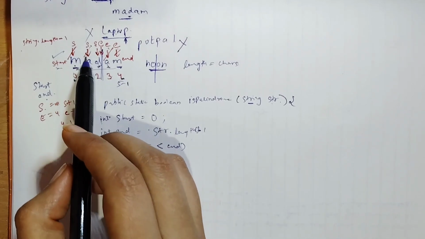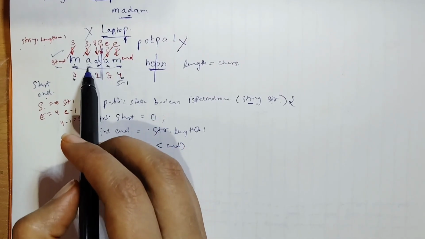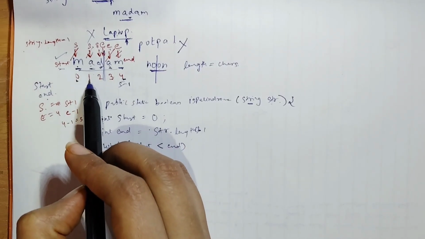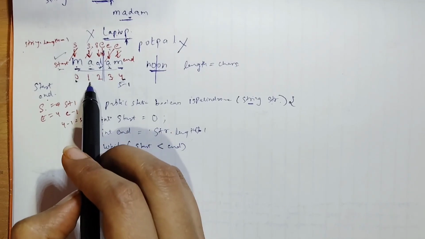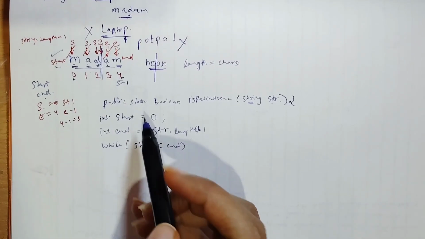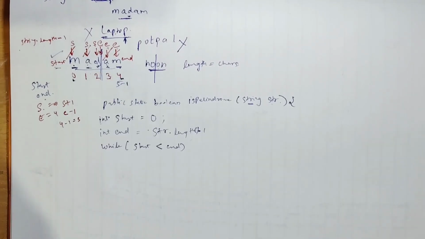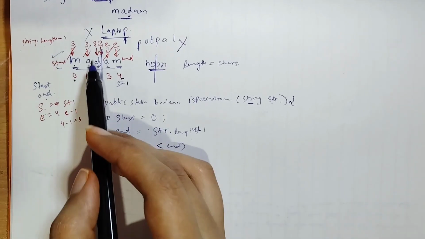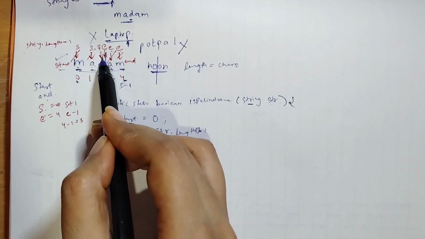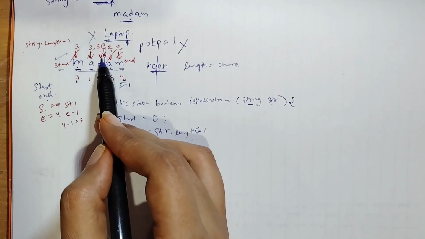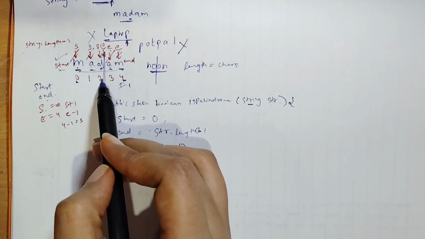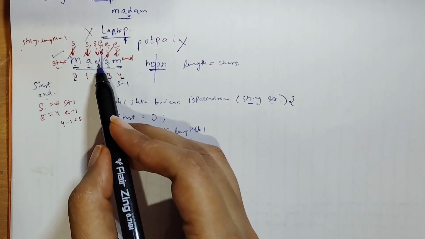Then start will increase by 1 and end will decrease by 1. Then start will be 1 and end will be 3. Start is less than end, yes it is. And now start will increase by 1, so start is here and end is decreased by 1. Now end is also here at D, so start and end are equal.